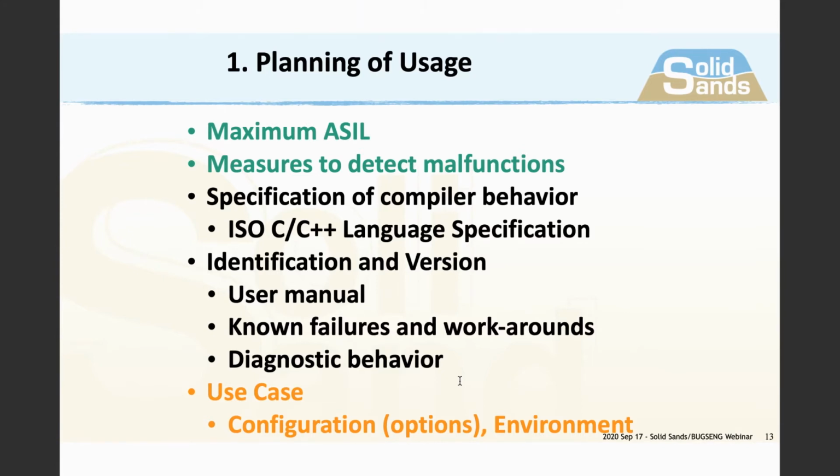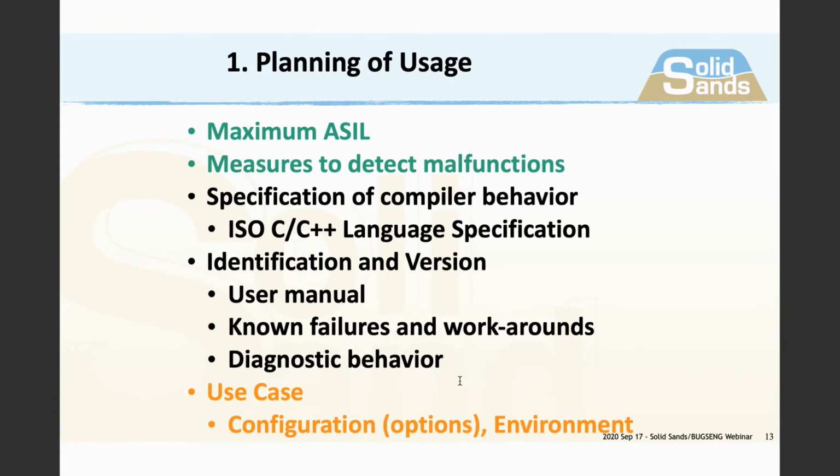We have a nice white paper on the side, I think you'll get a link later, about optimization testing, and that really shows that if you don't test specifically for certain actions and optimizations of the compiler, this is not something you will find by simply application testing.